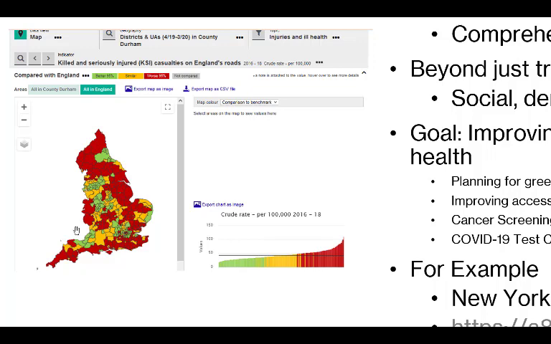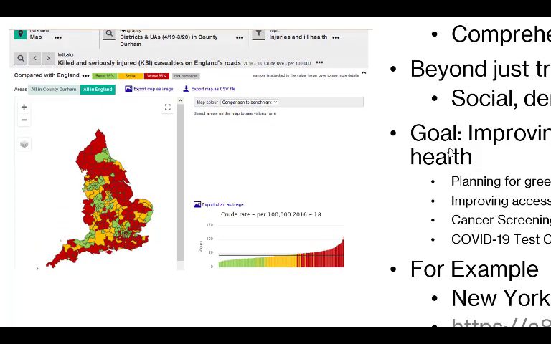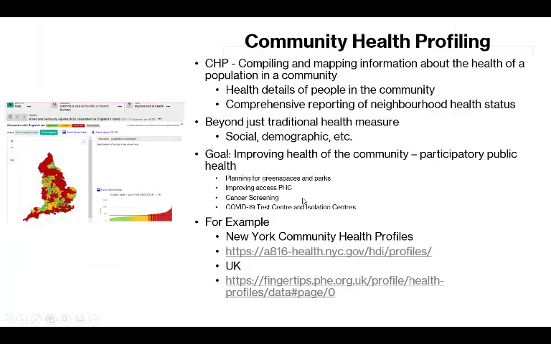And we have the green areas where they are better than 95% of the places across the country. So this is an interesting perspective, and allows for quick understanding of what is happening across different parts of the country. So community health profiling is an important aspect of getting a broad understanding of the health status of the people.